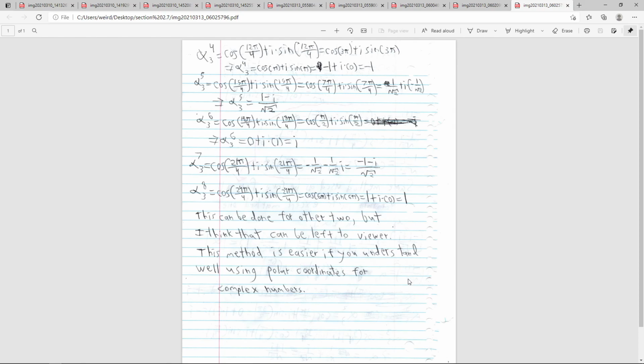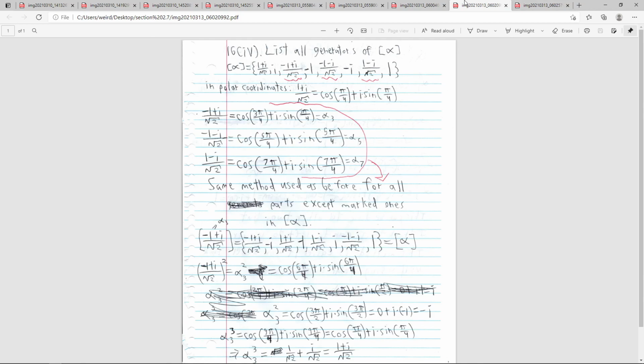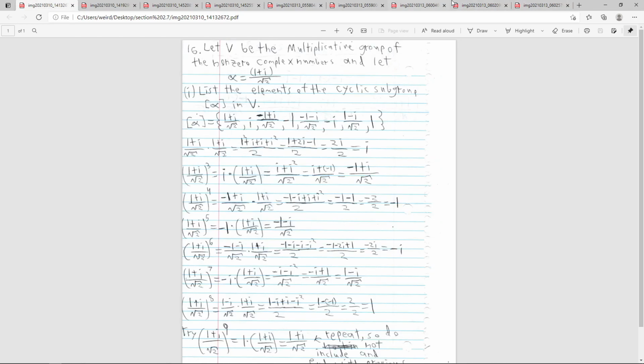It's easier if you understand well using polar coordinates for complex numbers, basically. Which you kind of do need to know, like in the previous section. You have a good feel for it overall. You get the same numbers as when I first did these 4 parts. You get the same results. So yeah.